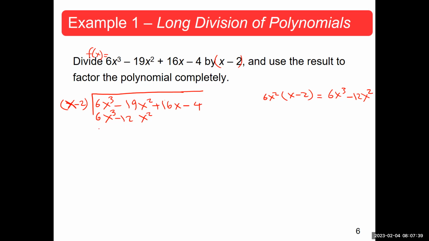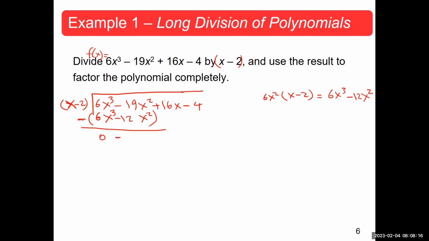Now the tricky part: we're going to subtract the bottom from the top. If I put parentheses here with a negative, I remember this negative should be distributed to the 6 and the 12. So this becomes negative and this becomes positive. So 6 minus 6 is 0. Now negative 19 plus 12, how much is that?